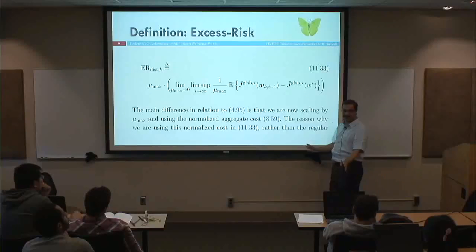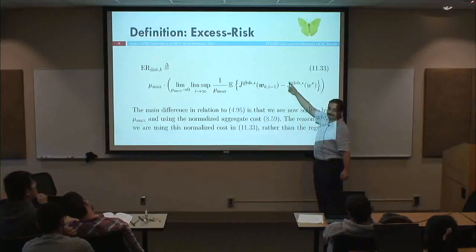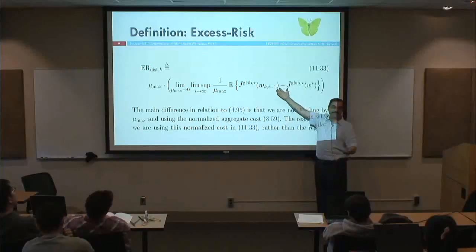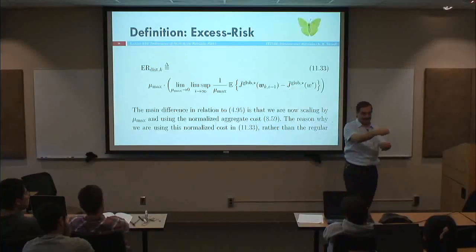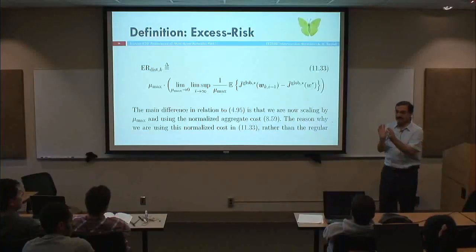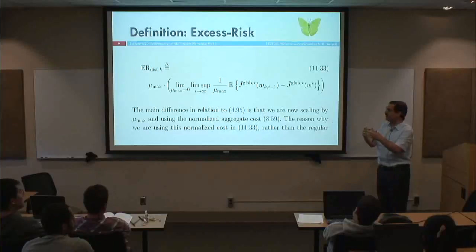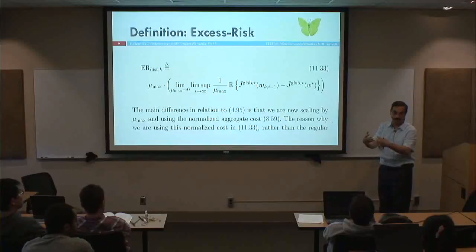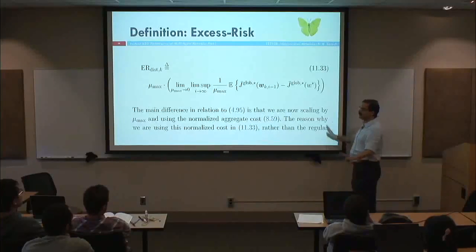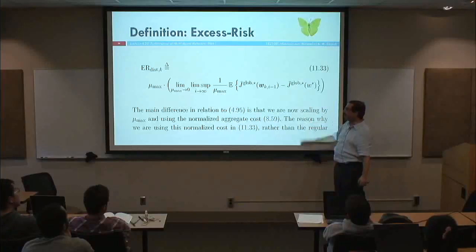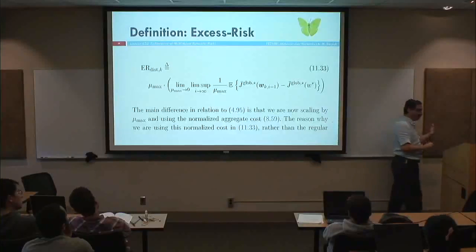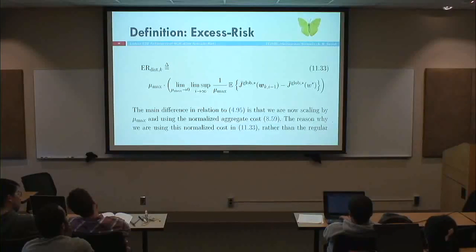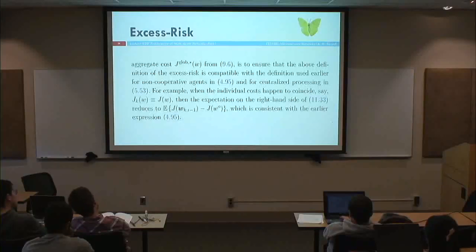You understand why I put it here? For the MSD, this is not an issue because you are comparing W, how close it gets to W. Here you are comparing the cost. So the costs have to be of similar order, not scaled up or scaled down. You understand now why I scale? It doesn't change anything, but it makes sure that the comparison is fair.